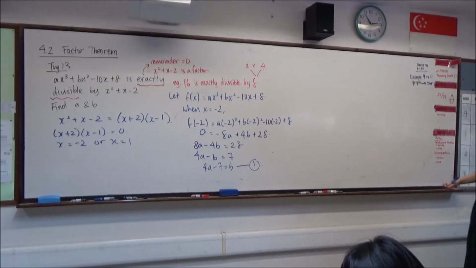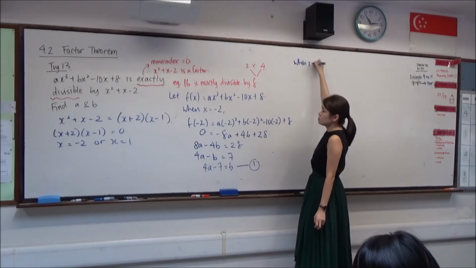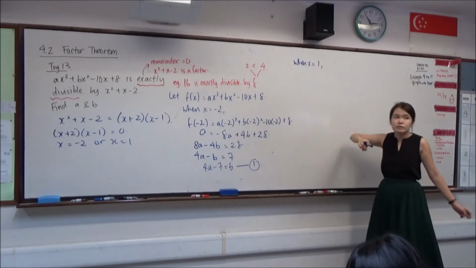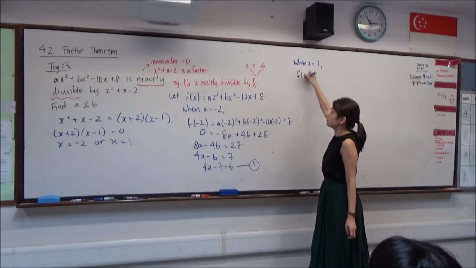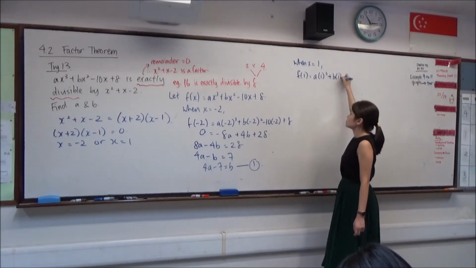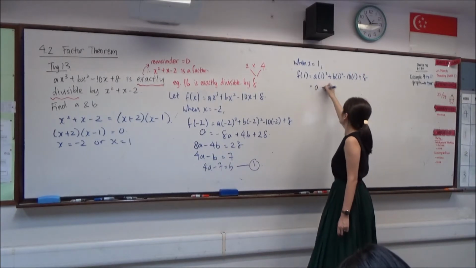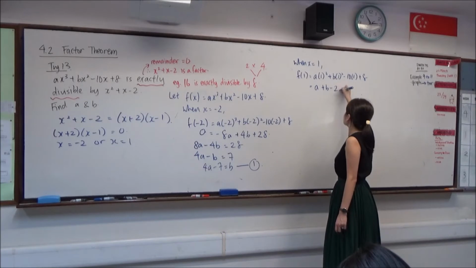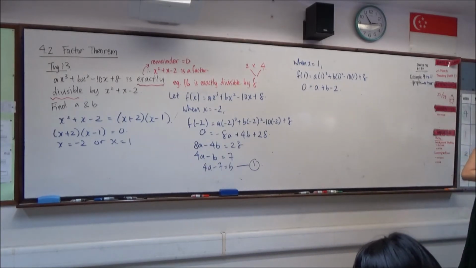Unknown, so we need two equations to solve it simultaneously. And to get the other equation, we let x be equal to 1, and the remainder will have to be 0 as well.